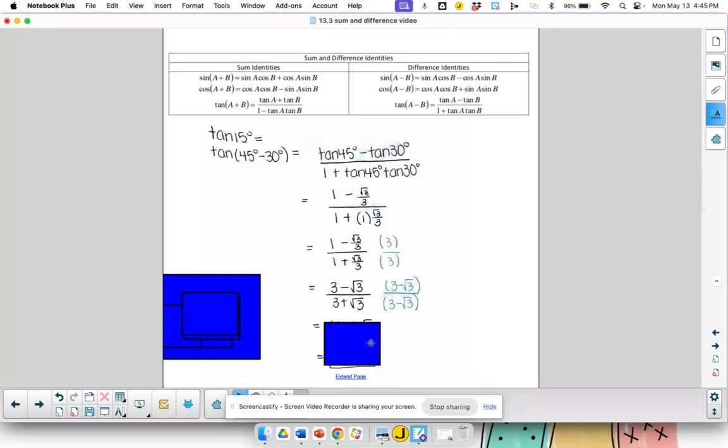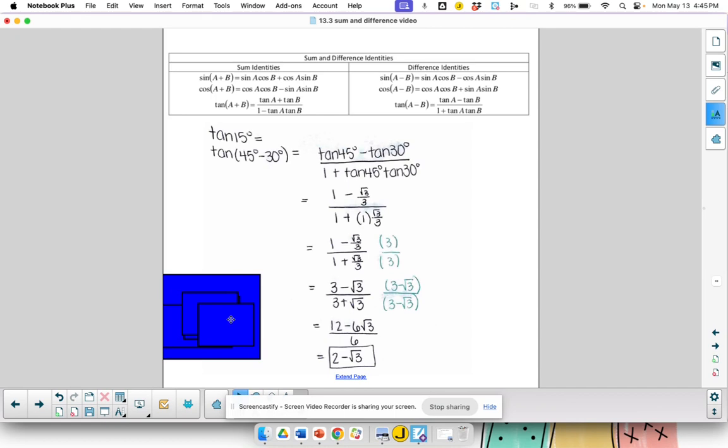FOIL it all out, multiply it all out, simplify it, and you get the same final answer. So it just involves a little bit more work. So when you're dealing with tangent, again, tangent only, try to avoid using things with a reference angle of 30. It'll just make your work a little bit faster.